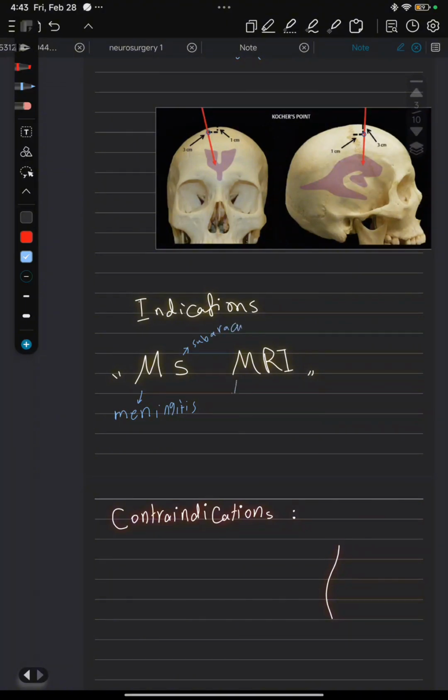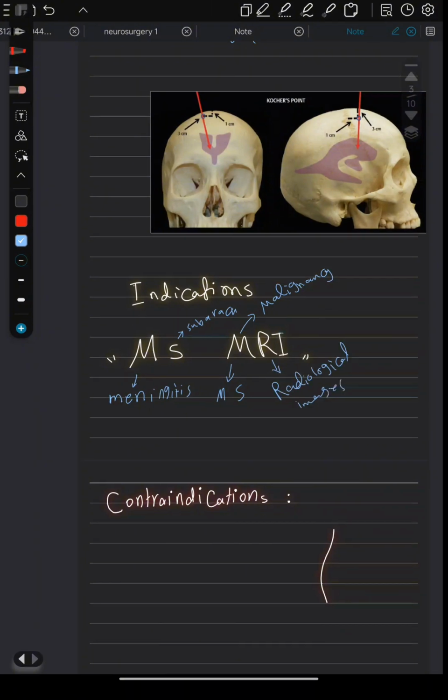M here stands for two things, multiple sclerosis and malignancy, while R stands for radiological images, and the last is I, which stands for intracranial pressure.